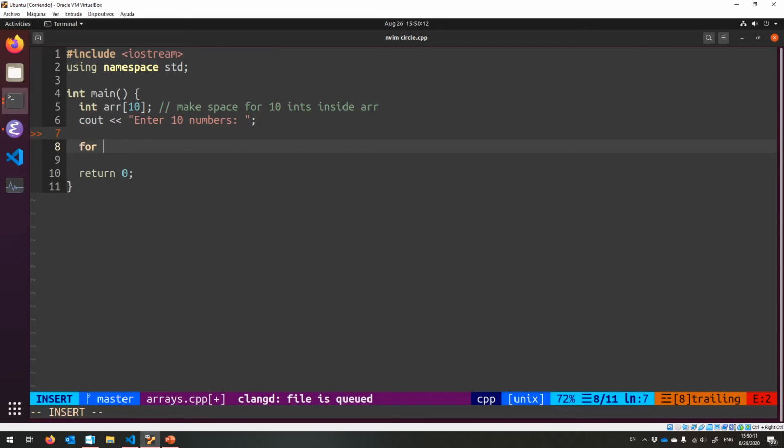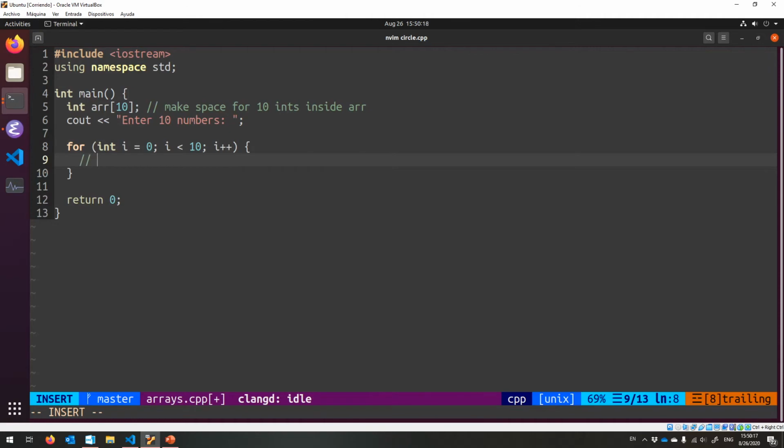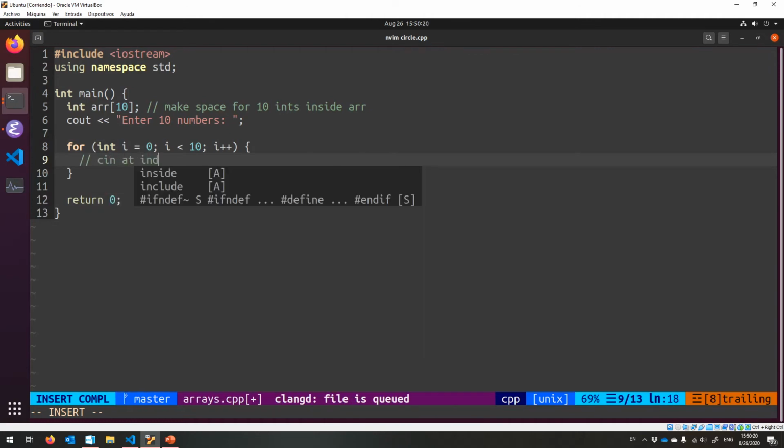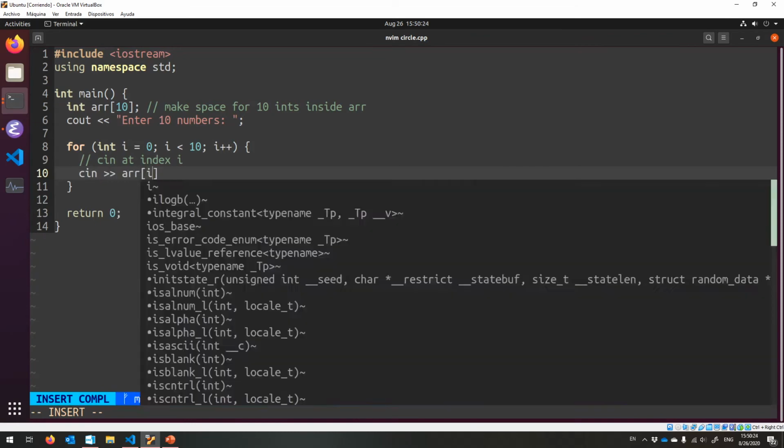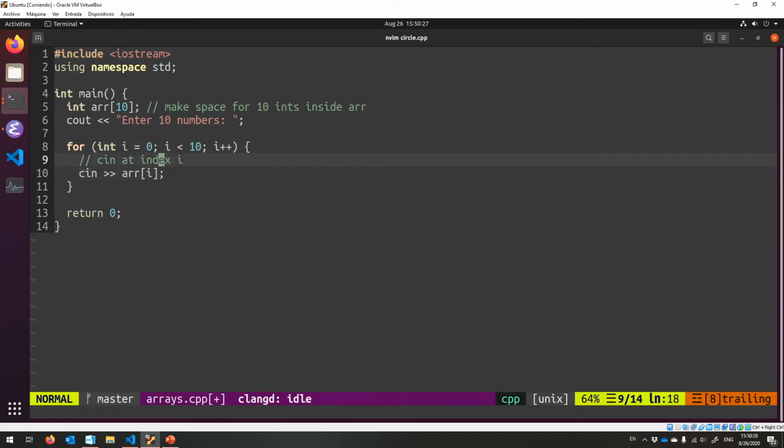So instead we'll say for int i equals 0, i is less than 10, i plus plus, cin at index i. Okay? So you'll just keep on getting 10 things and putting them into the proper indices in your array, starting with 0 and then going all the way to 10. Okay? So now we have our array with 10 things.